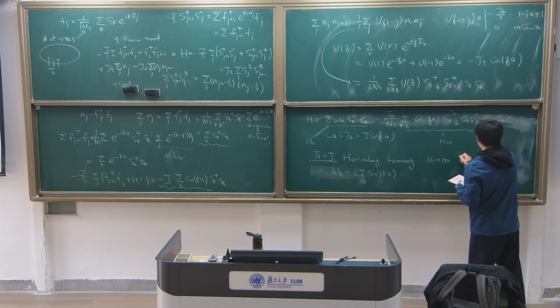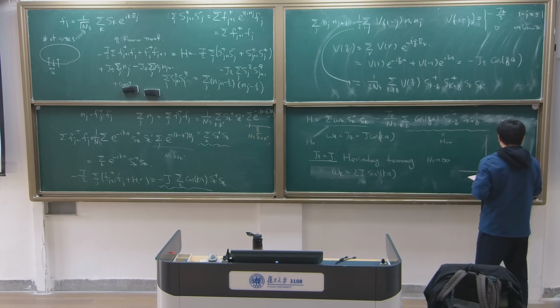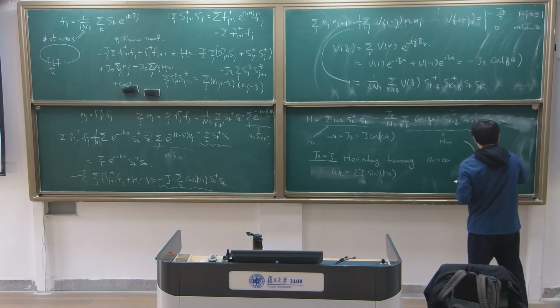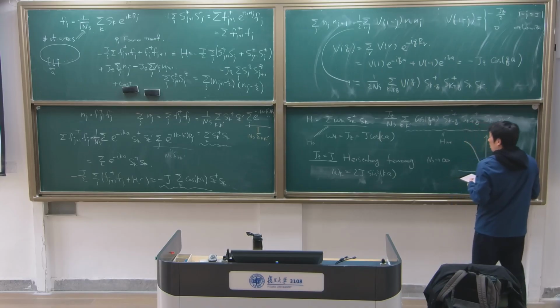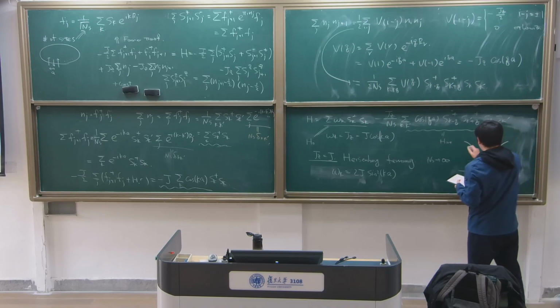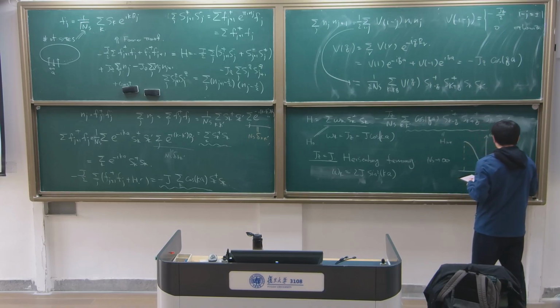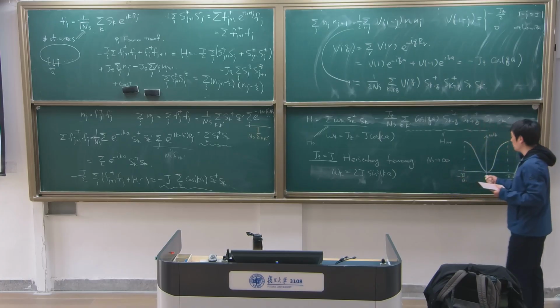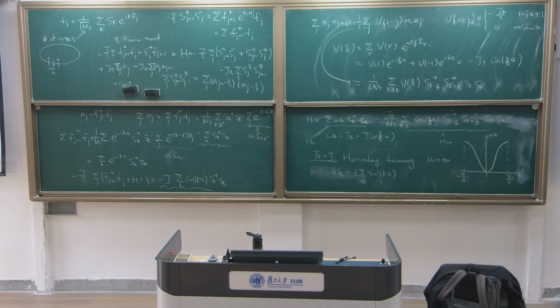So now it becomes something like this, from minus pi over a to pi over a, with the ground state at k equals 0. Am I doing something stupid? Something wrong?